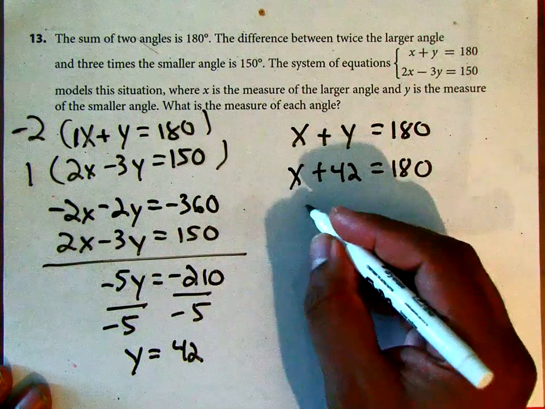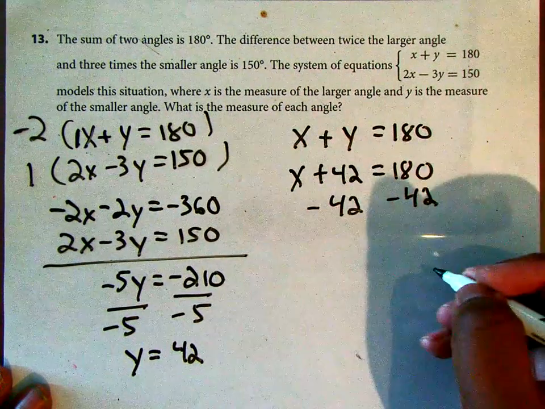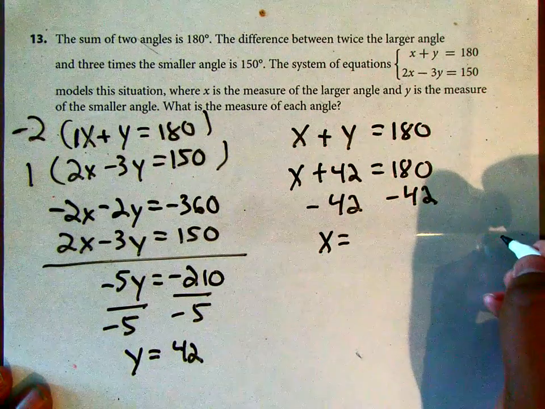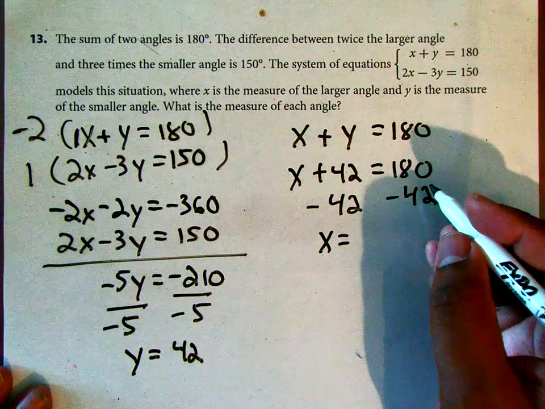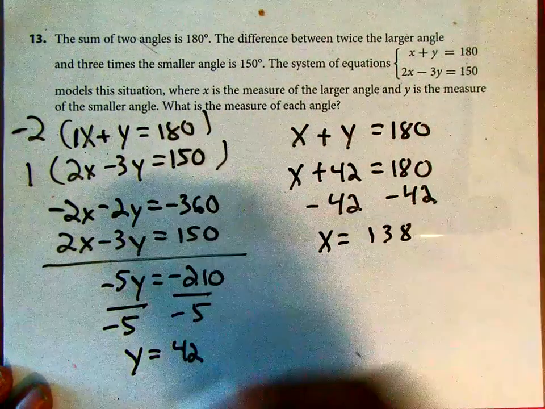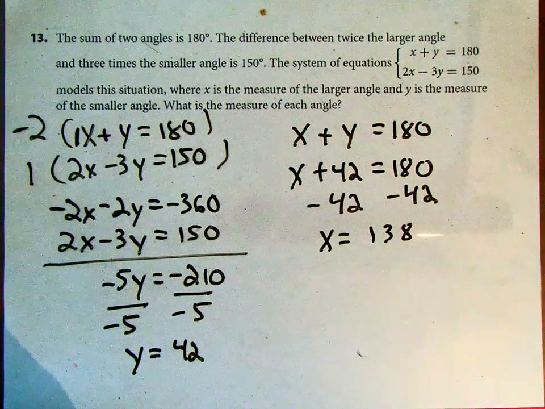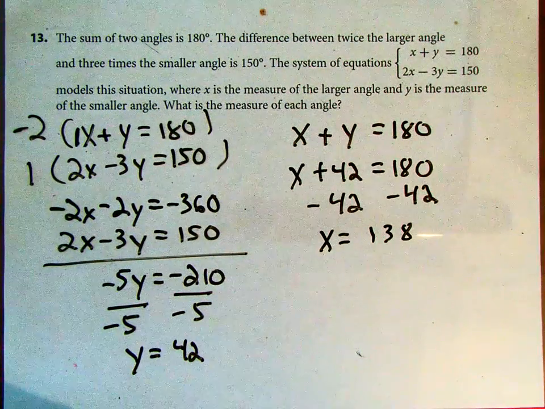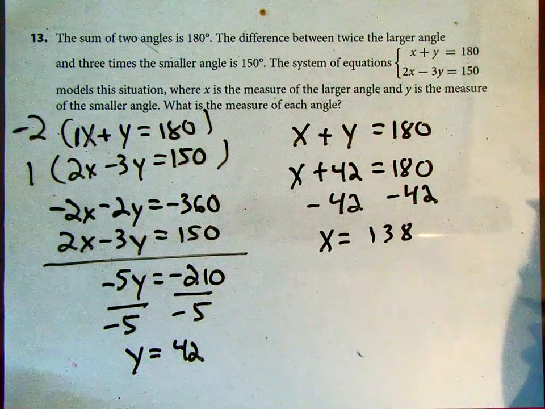All I have to do is subtract the 42 on both sides, and x is equal to 138. So the larger angle is 138 and the smaller angle is 42.